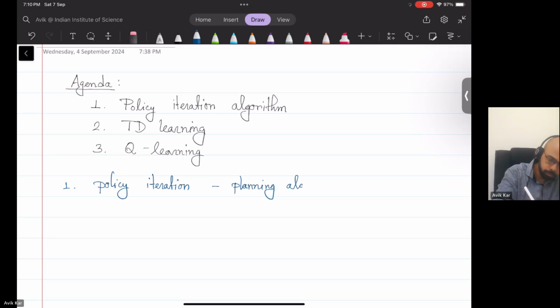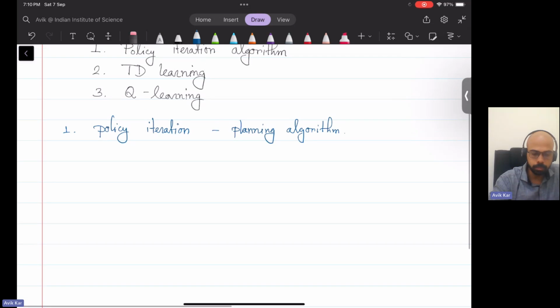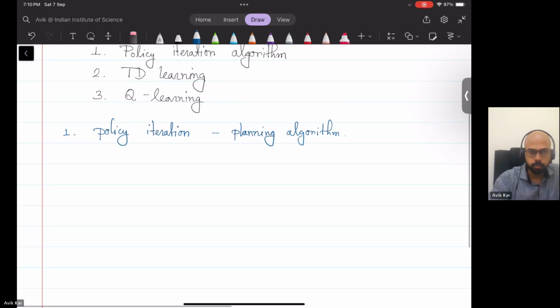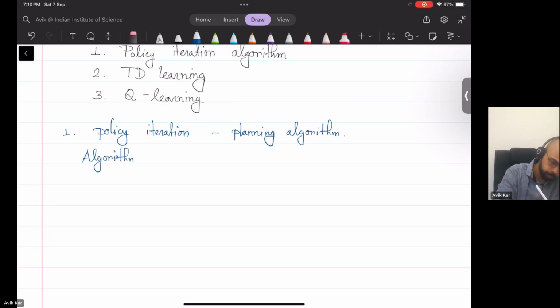Where you know the transition kernel and the reward function, you want to design the optimal control law, and you want to evaluate the optimal policy, that's the optimal value function. So what is the algorithm? These are covered multiple times, but I'm recalling so that it will be easy to understand the code.